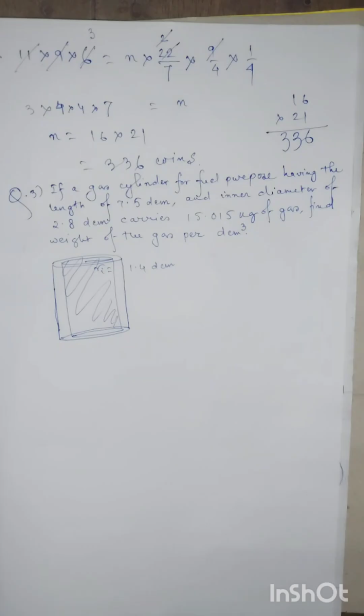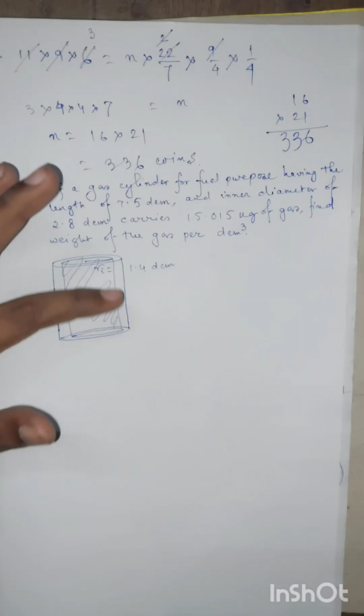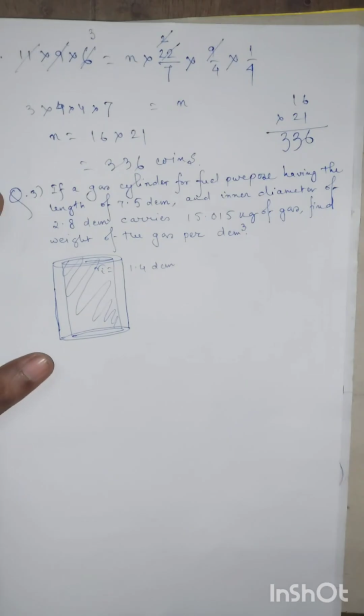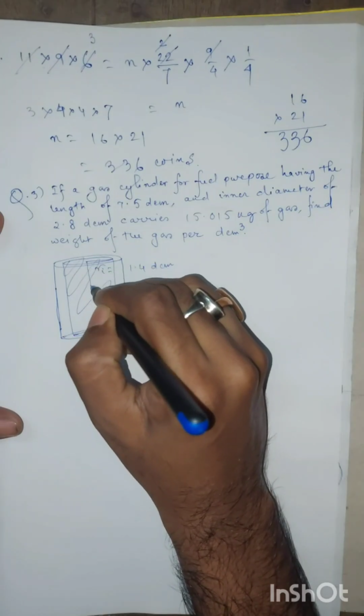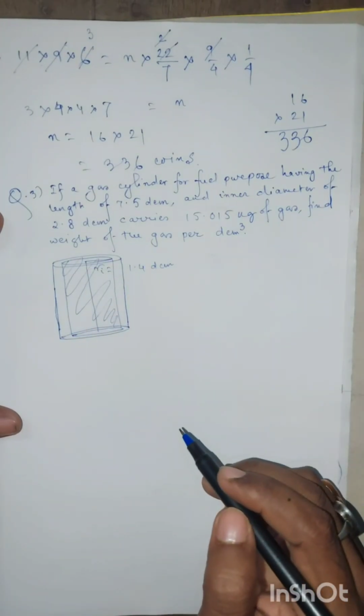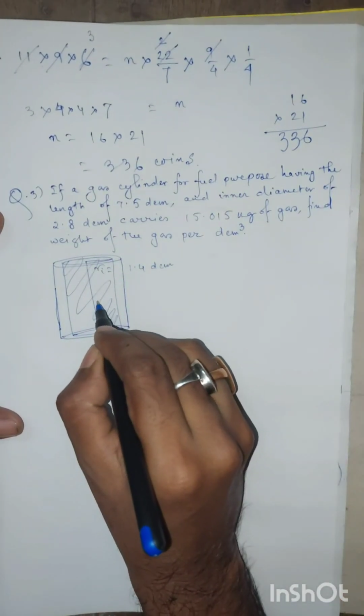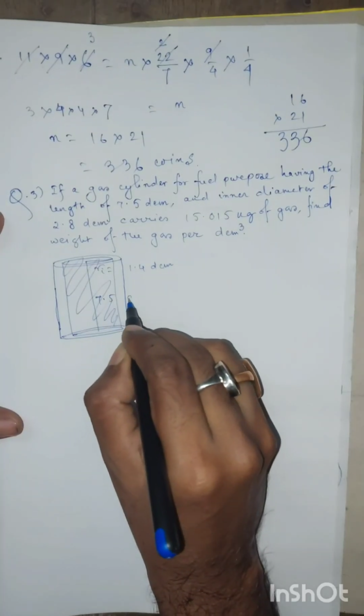The gas occupies the volume of the hollow cylinder. So we are going to consider only the inner cylinder. So the radius inner should be 1.4 and the length is given, which is equal to 7.5 dcm.